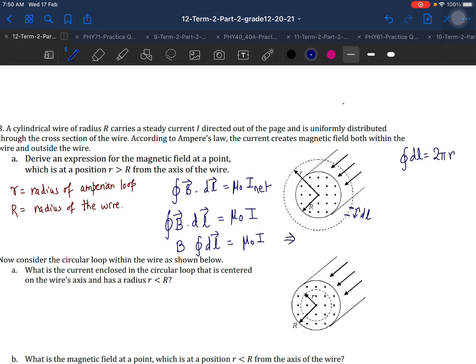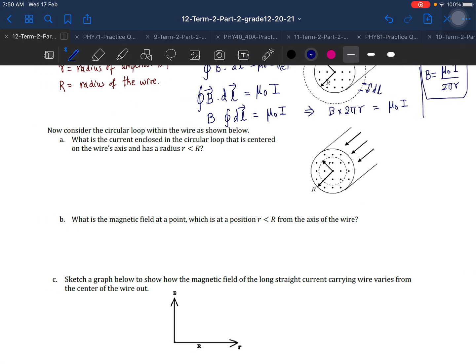From here we can write B multiplied by 2 pi r equal to mu naught I, which we can rearrange to get the magnetic field as mu naught I over 2 pi r. So that's the expression of the magnetic field for a point which is outside the wire.